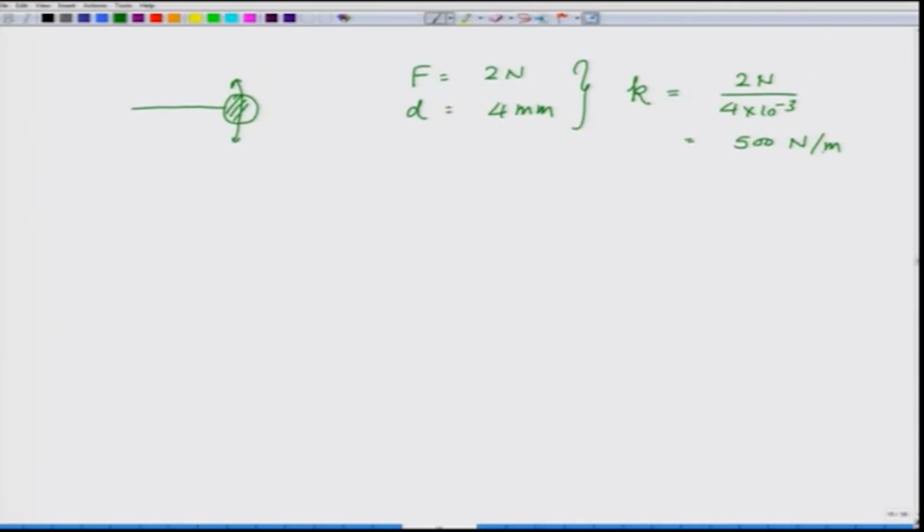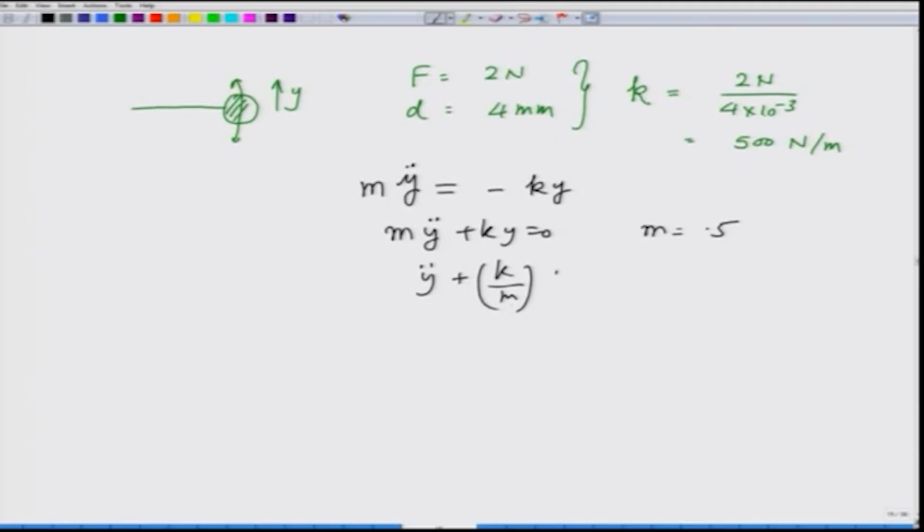The equation of motion when this is displaced, suppose this I take to be y, is m y double dot is equal to minus ky, because as it gets displaced there is a restoring force. So, m y double dot plus ky is 0, m is given to be 0.5. So, y double dot plus k over m y is 0.